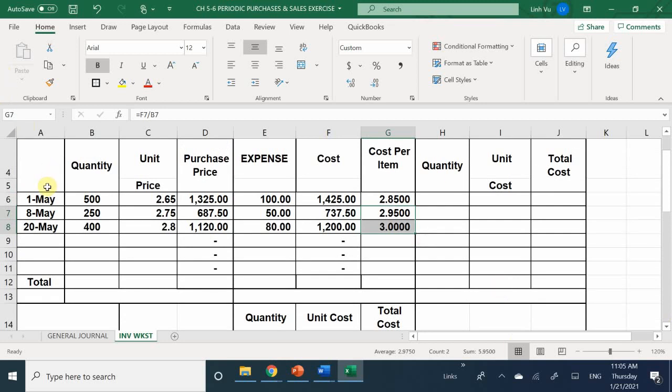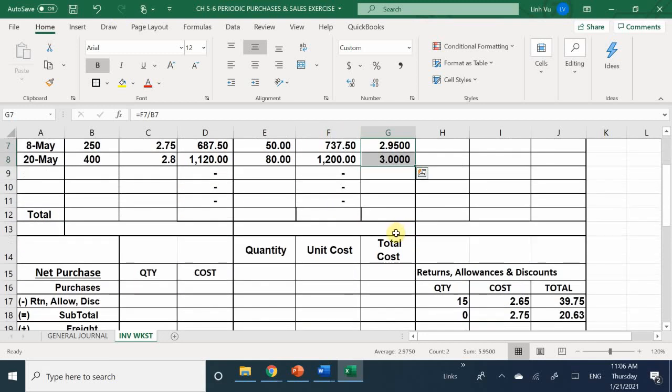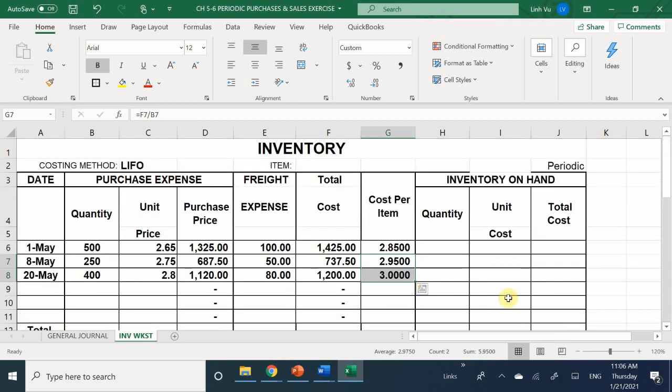In this case, because we're doing LIFO anyways, let's calculate how much our accounts payable is actually going to reflect. I started in May. My first purchase was the 500 items. And here we actually end up returning 15 of those items.